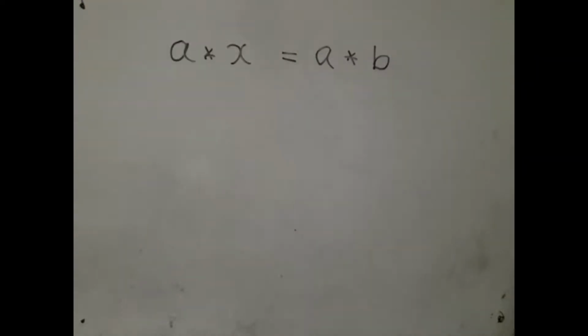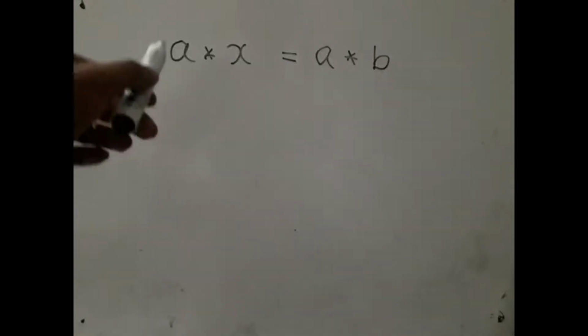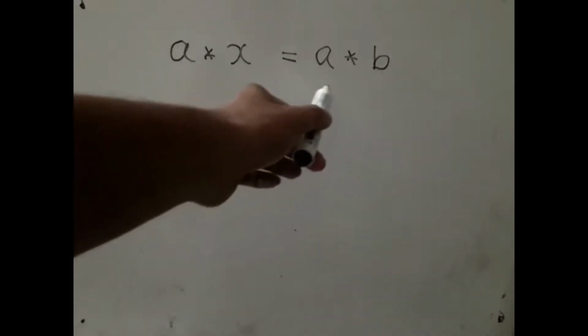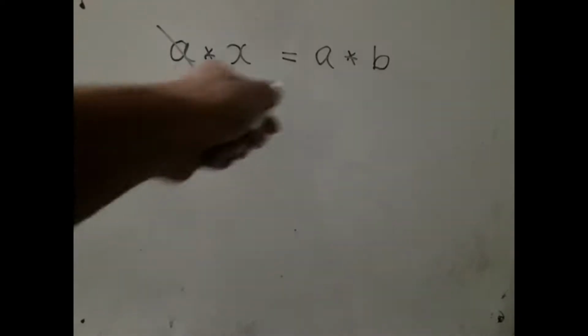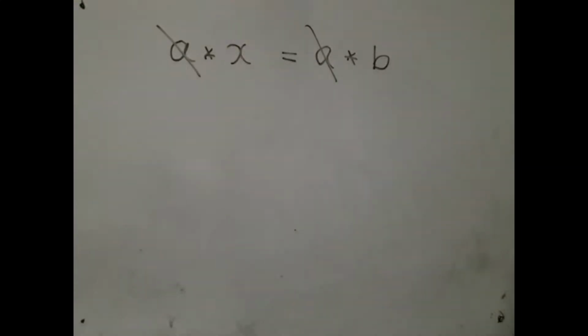Now here is another example. Again I am working in a group and I have this a star x is equal to a star b. Now this, just by looking at it, seems to indicate that we can cancel a off. Now really, can we cancel a off? The answer is yes, we can.